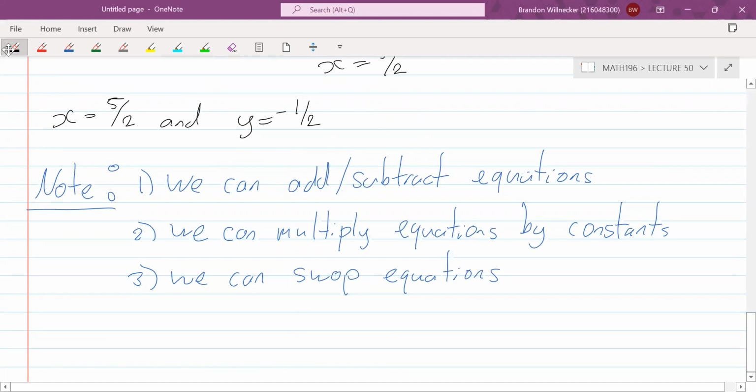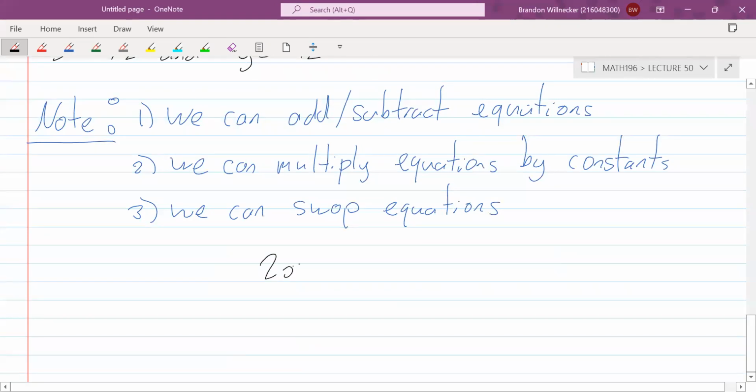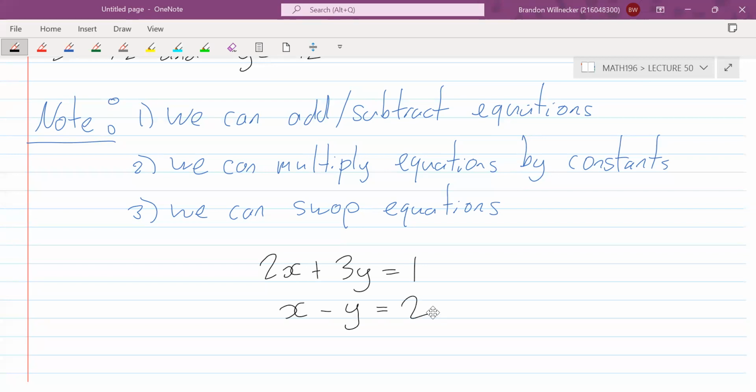Okay, so let's have a look at another example. So let's say we have 2x plus 3y is equal to 1, and x minus y is equal to 2. Okay, so again, two linear equations, two unknowns.